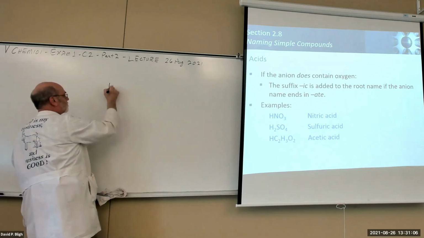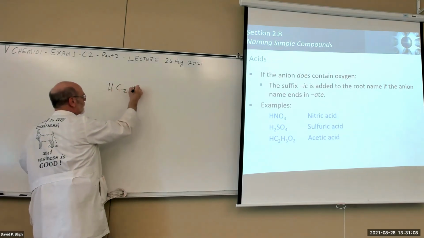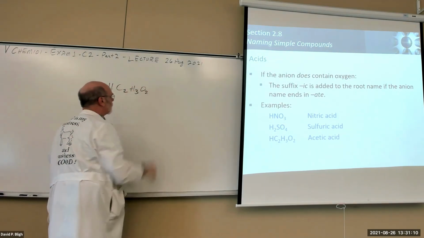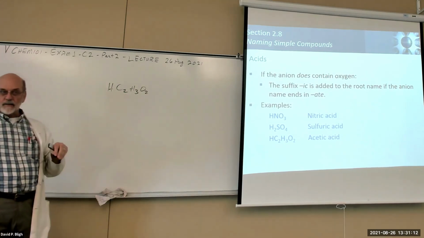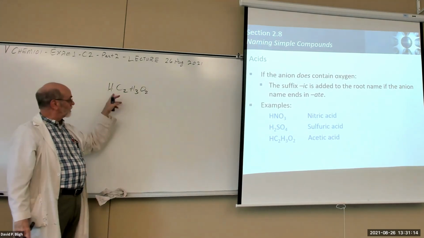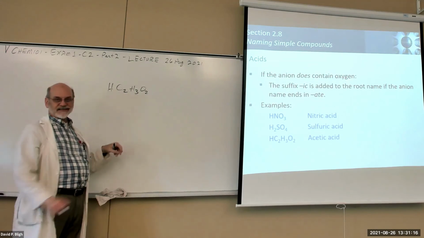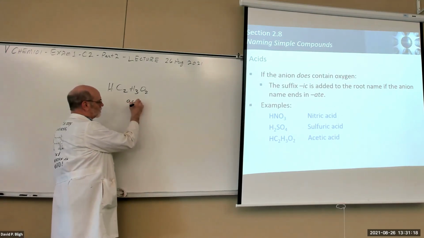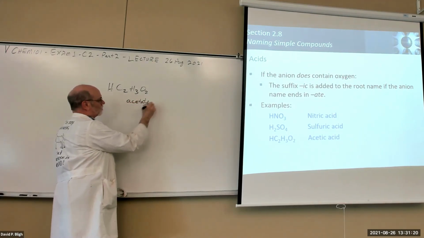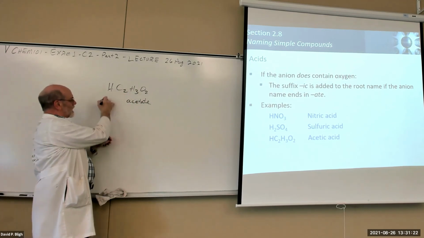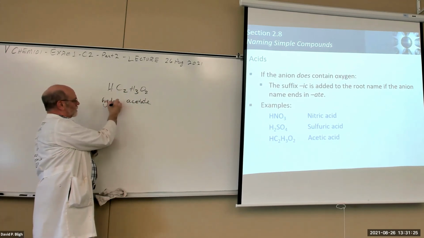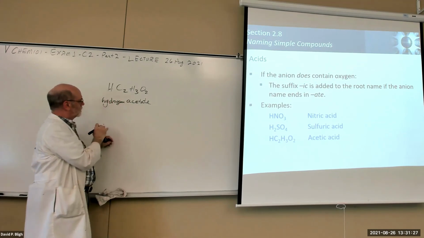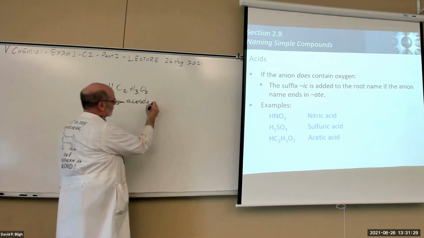So this one, C2H3O2, is obviously a polyatomic ion. So you look it up. C2H3O2 is acetate. Right? So that would be hydrogen acetate.